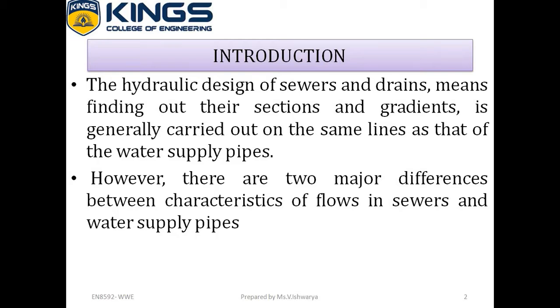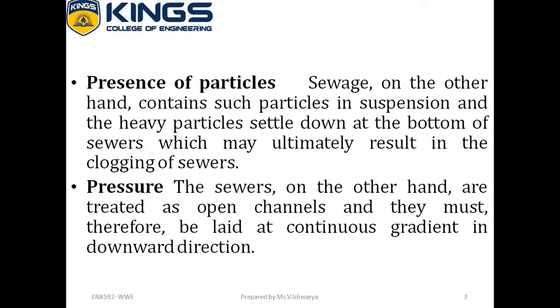So pipelines usually have two types of characteristics of flow. One is sewer line and another one is water supply pipes. So what is the difference between water pipelines and sewer pipelines? Sewer pipelines carry only wastewater, which contains more solid particles like suspended particles and dissolved matter, which may result in clogging of sewer.